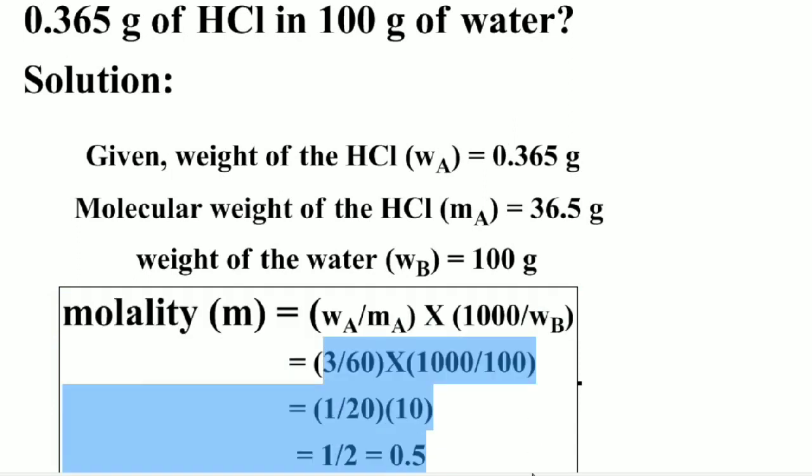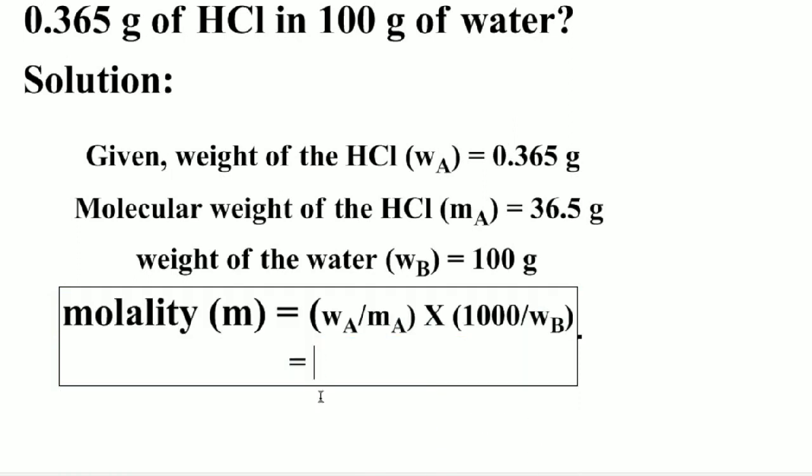Students, here we know that molality is equal to weight of the solute divided by molecular weight of the solute, into 1000 divided by weight of the solvent in grams.